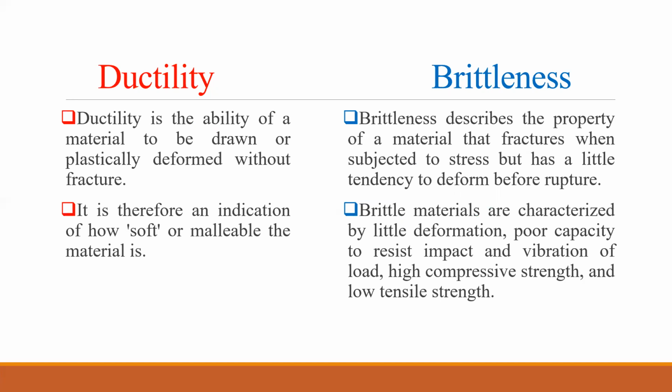So what is ductility? Ductility is the ability of a material to be drawn or plastically deformed without fracture. It is therefore an indication of how soft or malleable the material is. An example of ductile material is metals.